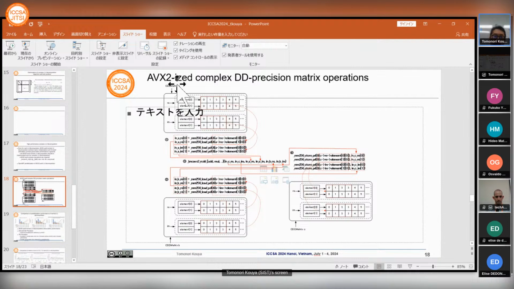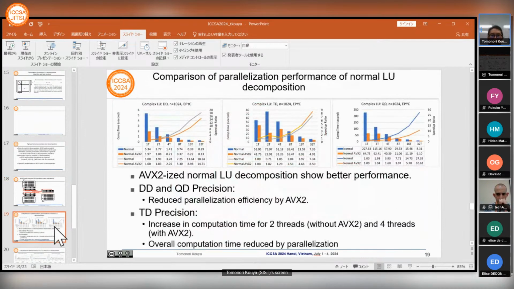By dividing the real and imaginary parts in complex matrices, we can use load and store functions in matrix multiplication. Now we show the comparison of parallelization performance of normal LU decomposition.